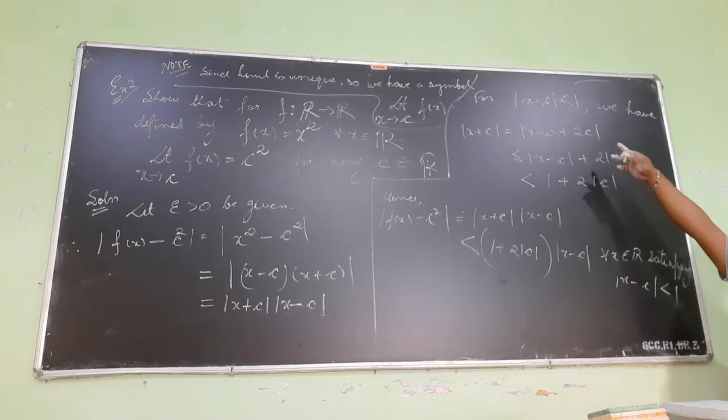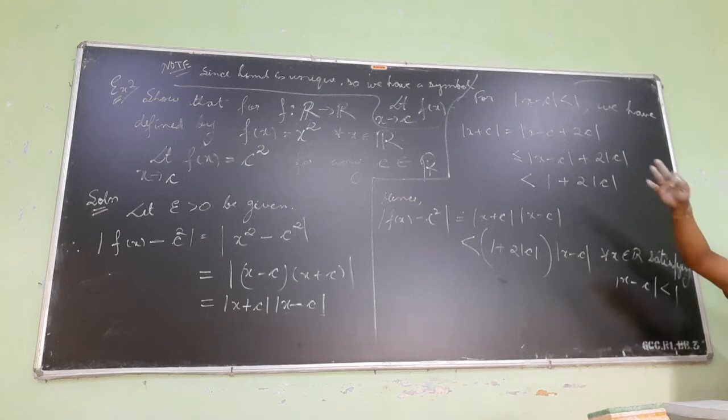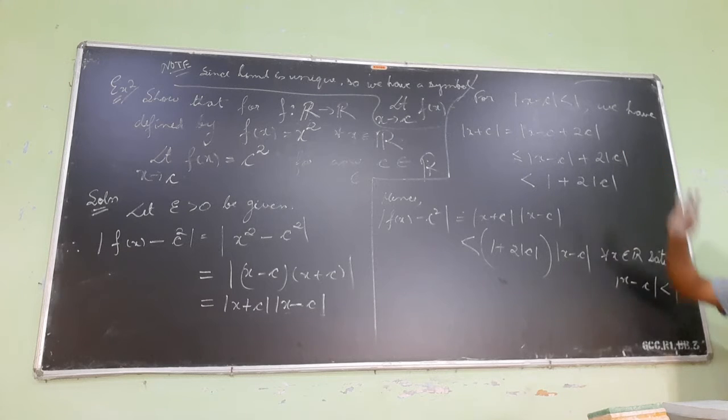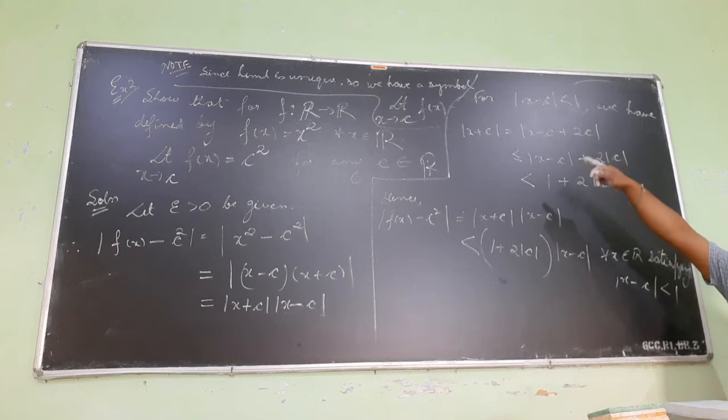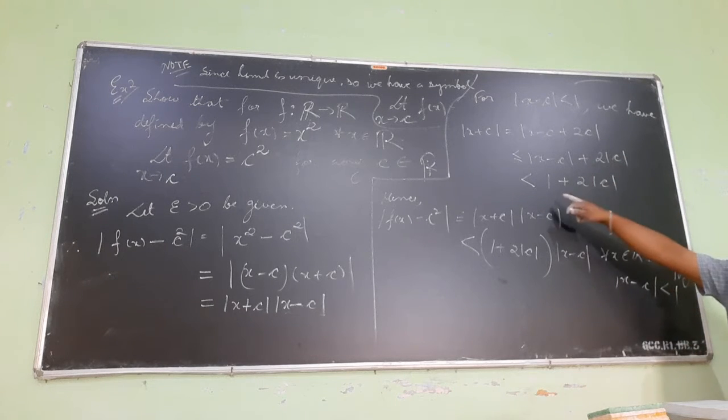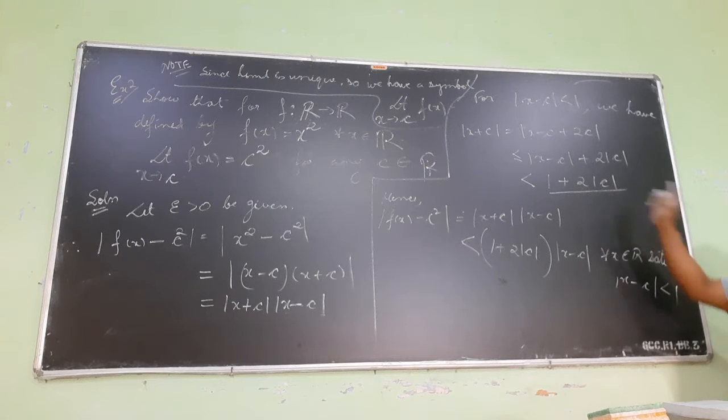Say we have come very close to c. The difference between us and c is 1. Suppose that is 1. In that area, what is the value of mod of x plus c? In that area, mod of x plus c is less than 1 plus twice mod c.